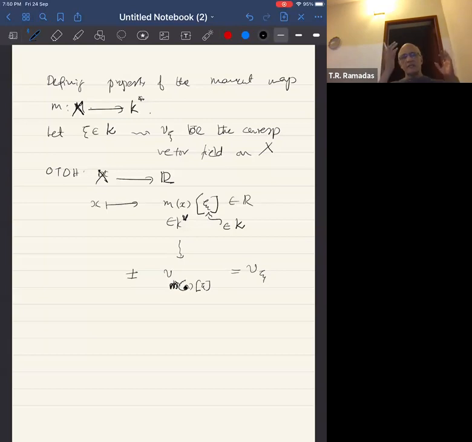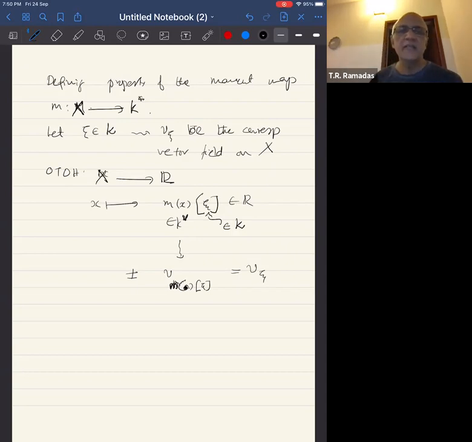The point is that you have this action of the Lie group on your manifold. You have the action of the same Lie group on the dual of the Lie algebra, and the moment map M is equivariant with respect to this action. So in other words, M evaluated at the point Gx is got by evaluating M at x, which gives you a vector in the dual of the Lie algebra.